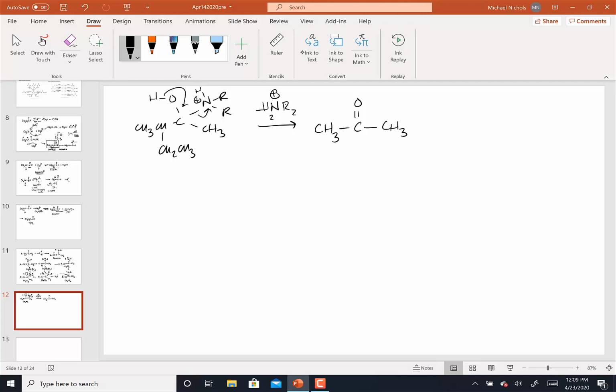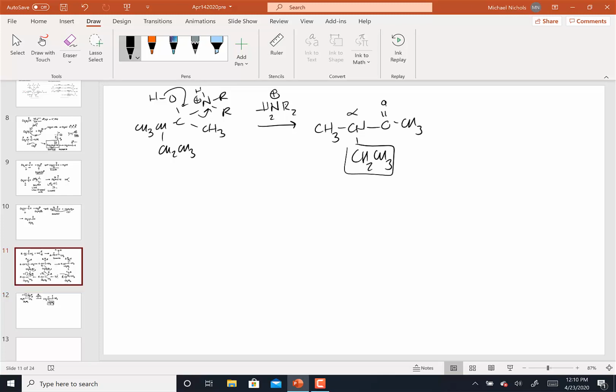So what I end up with is the carbonyl reforming. So what I just did was I just alkylated the alpha carbon using that enamine.